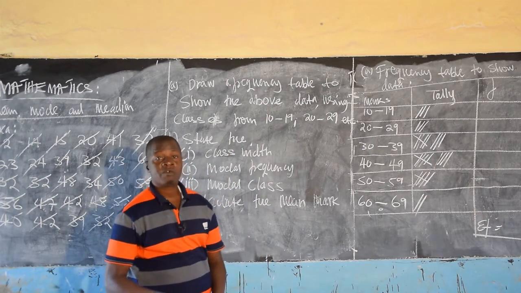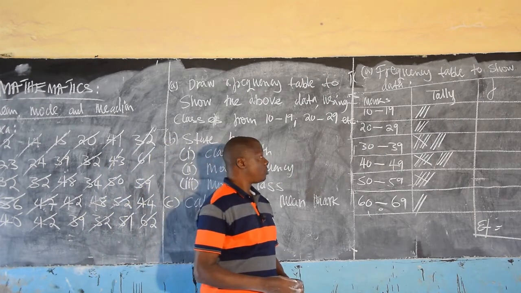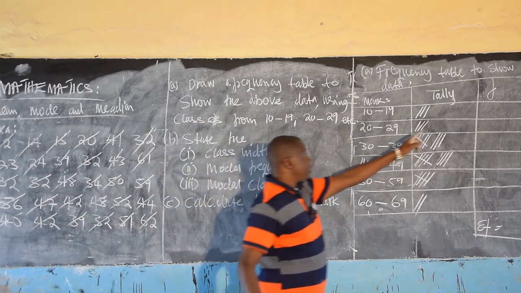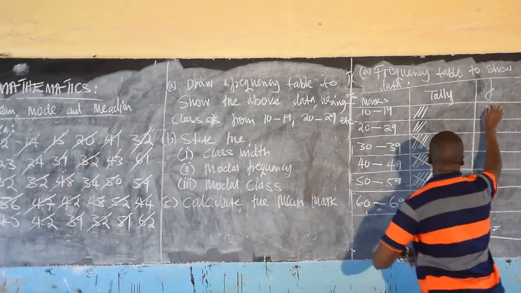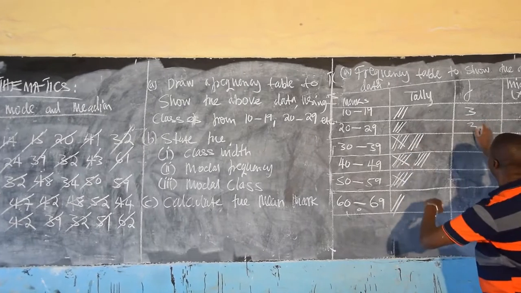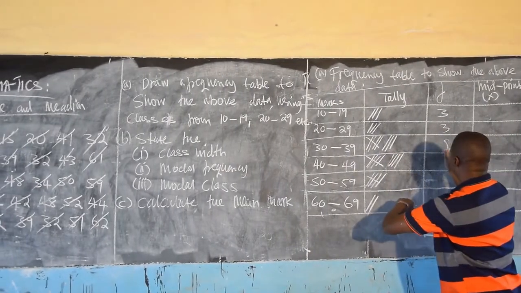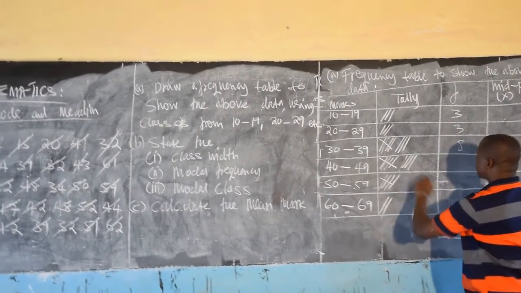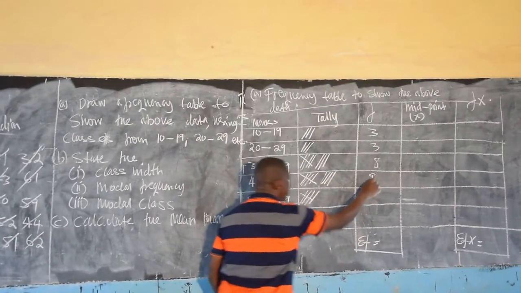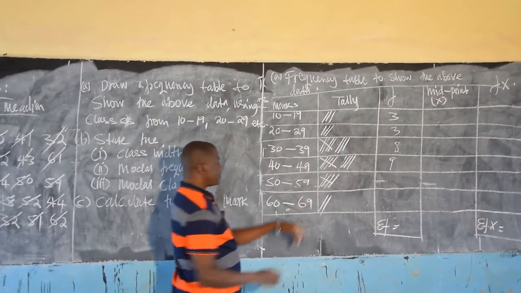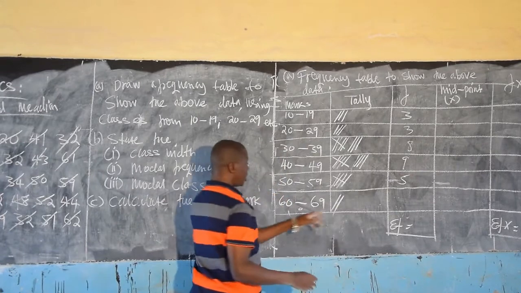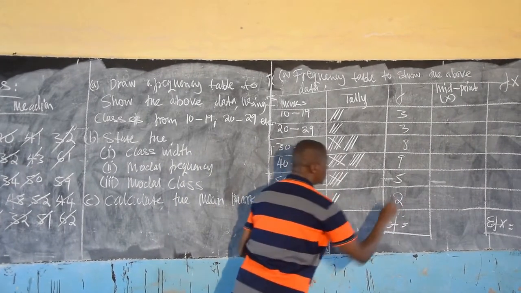Still, our frequency table is incomplete. Let us complete this. This is 50, 50. 5 plus 4, 9. This is 5. And this is 2.